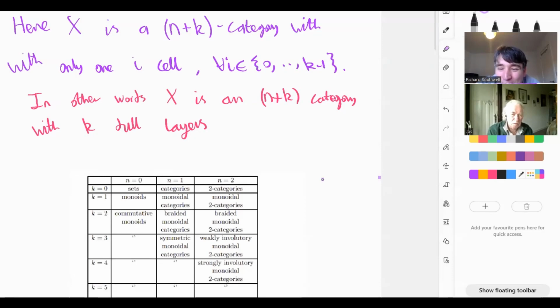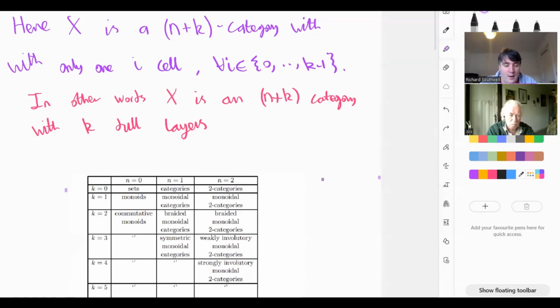So let me start to explain. You see here we have this table, and it has these different columns, and they're labeled by n. So this would be n is 0, n is 1, n is 2. And then also we have these rows, and these are labeled by k. So k is 0, k is 1, k is 2, and so on.